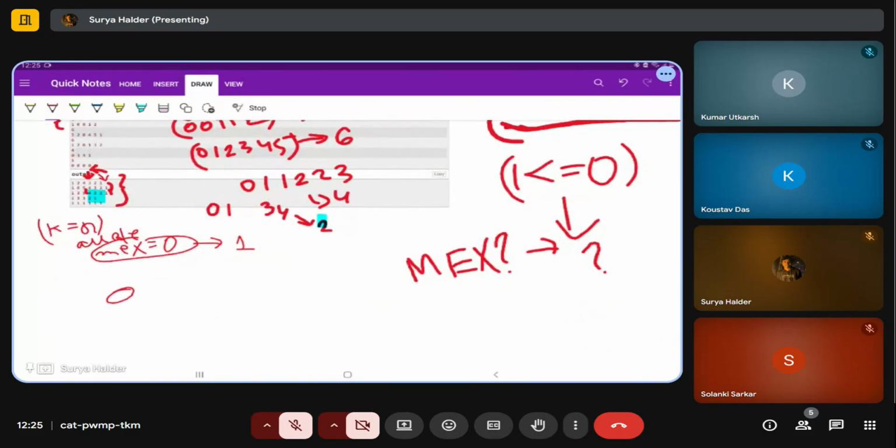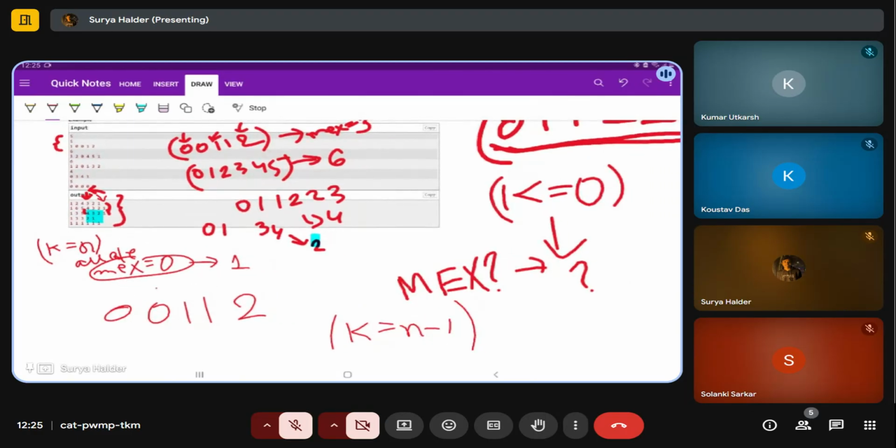Now consider k is equal to n minus 1. So for k is equal to n minus 1, only one of the elements will remain. Correct?